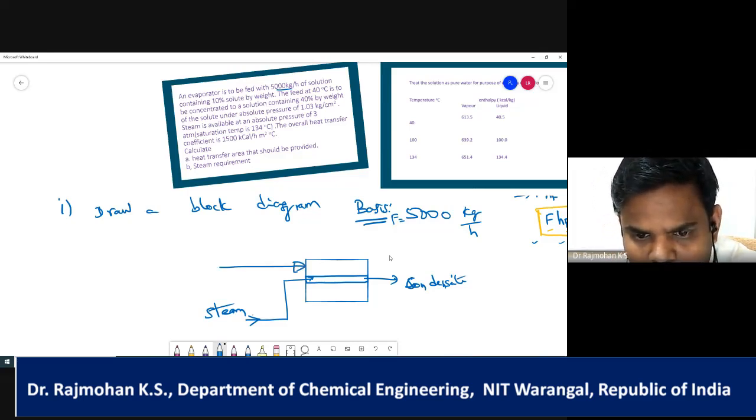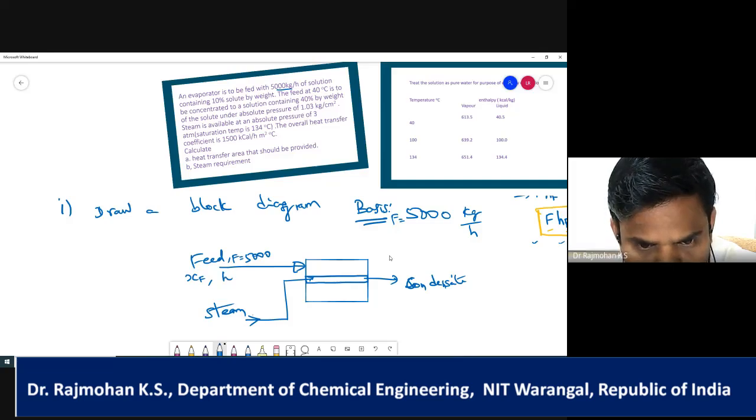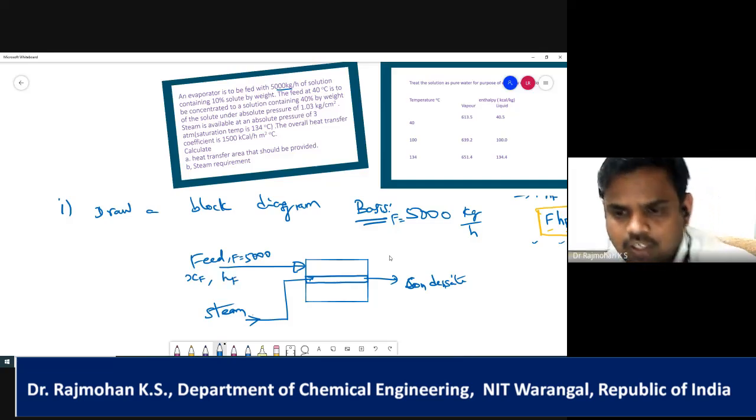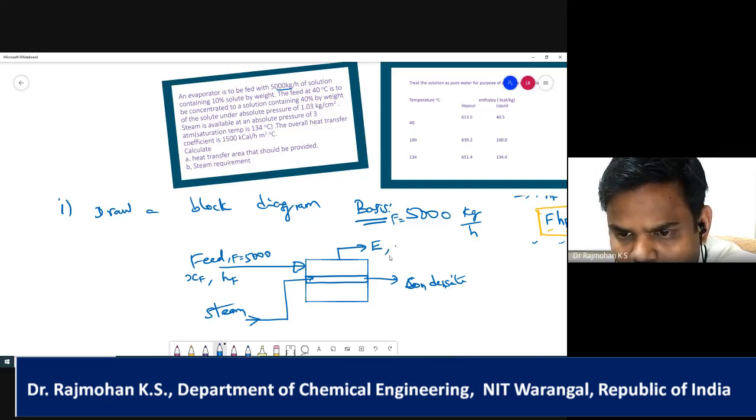So we have feed given, F equal to 5000 kg. Let XF be the concentration associated with it. Then it is liquid, so we can say HF is the heat associated with it. And we have evaporate, and the heat associated with it is HE.